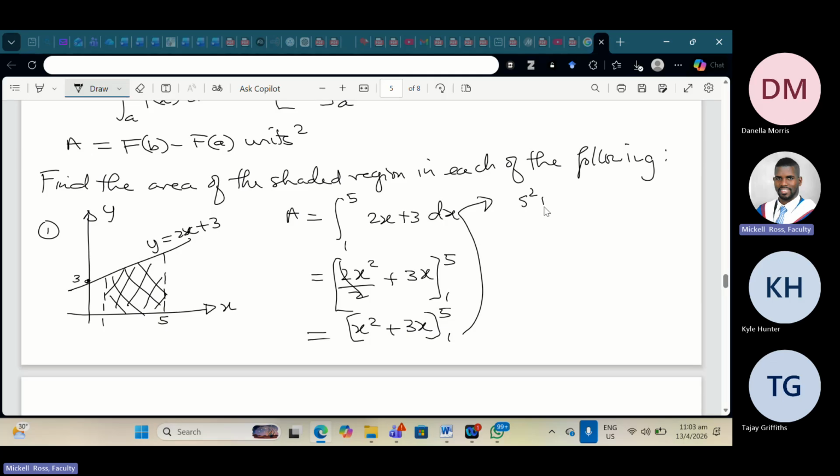So it's going to be 5 squared plus 3 times 5, minus 1 squared plus 3 times 1. 25 plus 15 gives us 40, minus 1 plus 3, which gives us 4. So that means the area is equal to 36 units squared. So that's the area covered by this shaded region right here.